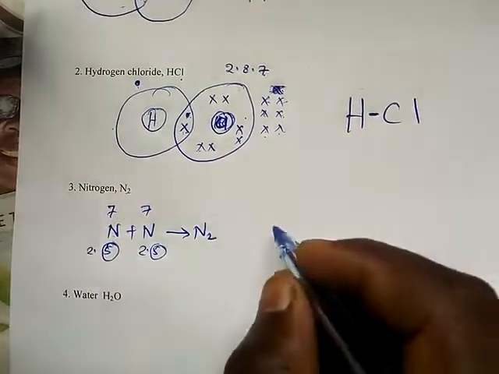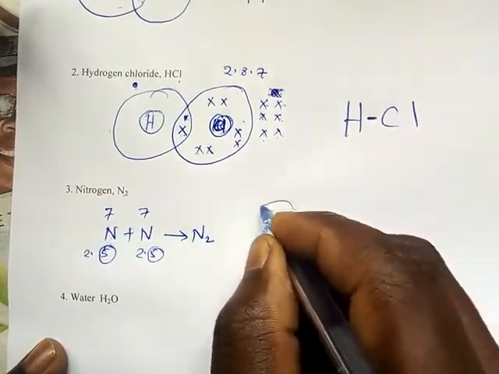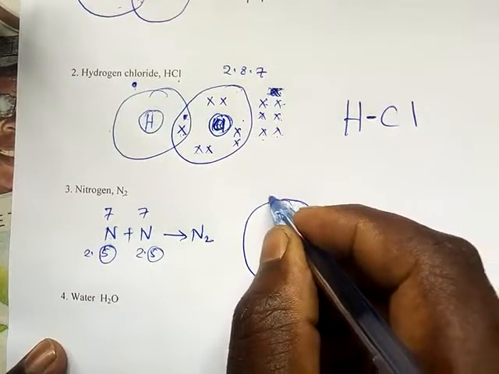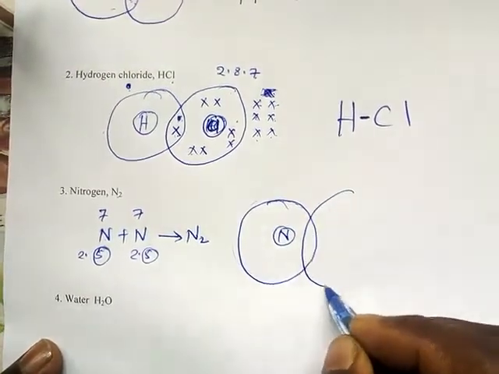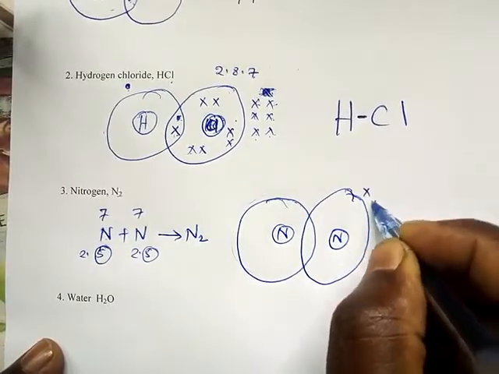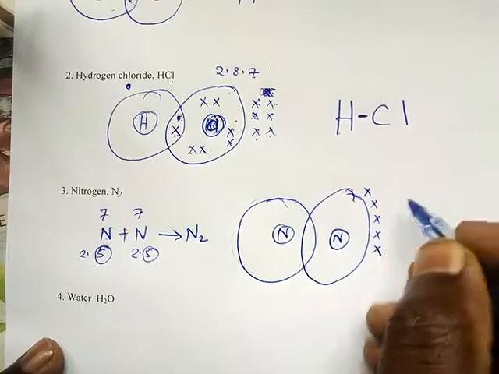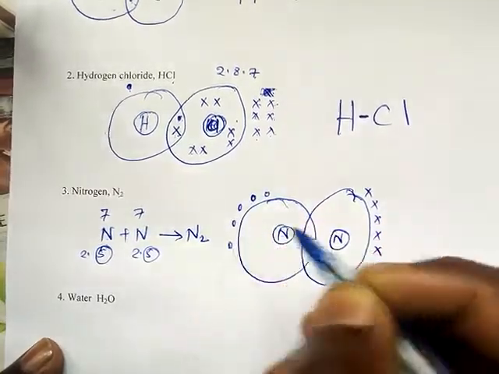Nitrogen, we consider the outermost energy level, which has 5. Another nitrogen also has 5. So this one has 1, 2, 3, 4, 5 in the outermost energy level, and this one has 1, 2, 3, 4, 5.